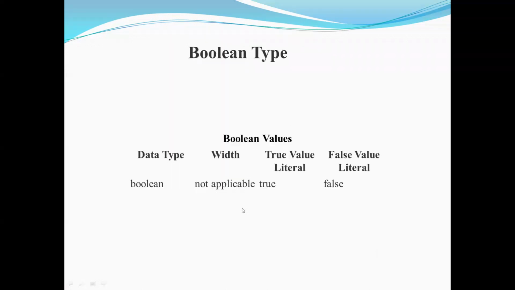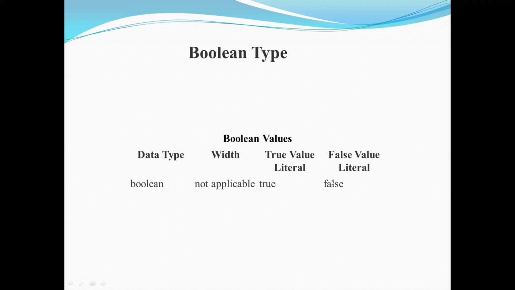Boolean has only two values, true or false. And remember this point: you cannot replace true with 1 or any other value, or false with 0. In Java, true means you have to write true and you have to write false.